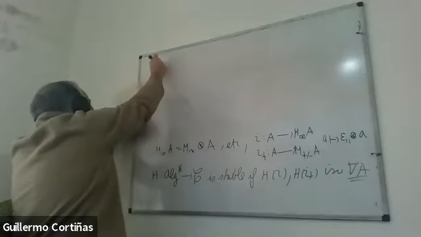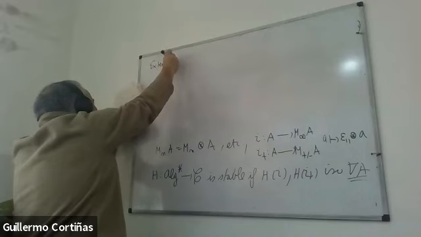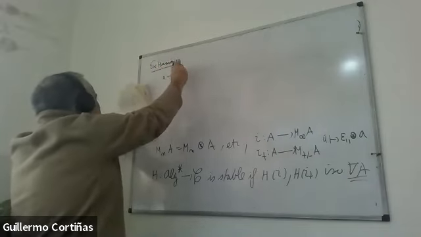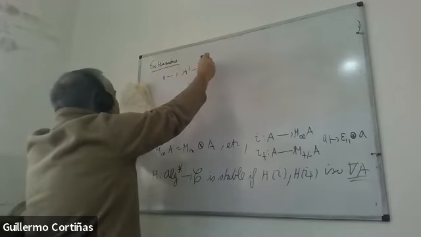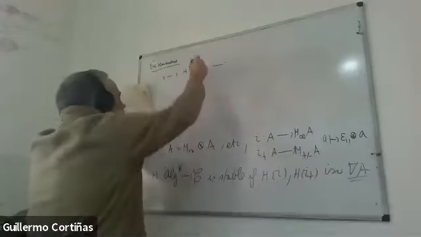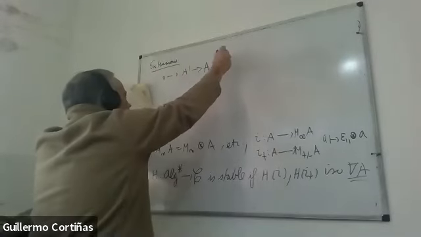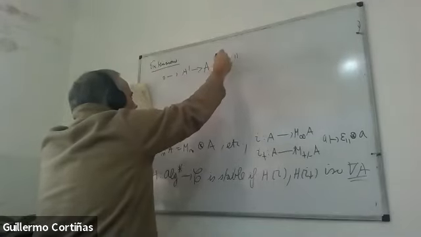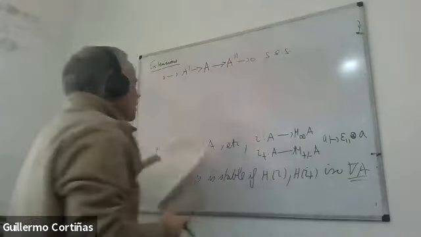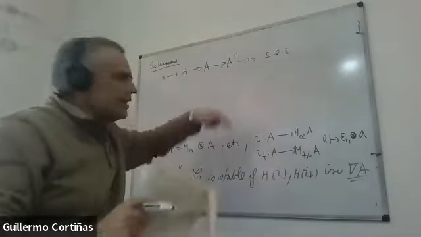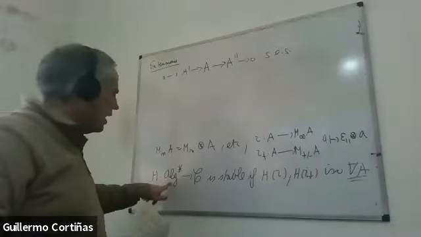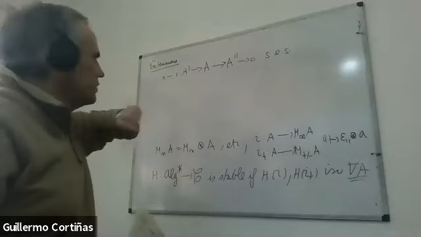An extension is a short exact sequence, where all the objects are algebras, and all the maps are maps in the category Alg star, so they are star homomorphisms.